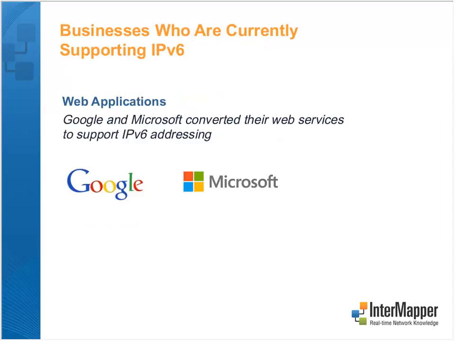The next couple of slides are just a couple of, as I mentioned, top companies who have already transitioned some of their services to support version 6. Google, Microsoft, Facebook, Yahoo are some of those top companies who have already converted their web services, their outward-facing services, to support IPv6 addressing. So if you have IPv6 currently running, you're able to access their web services.